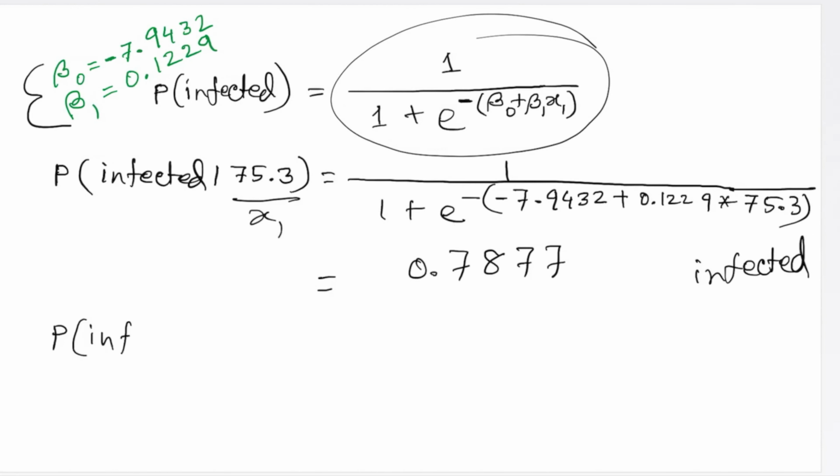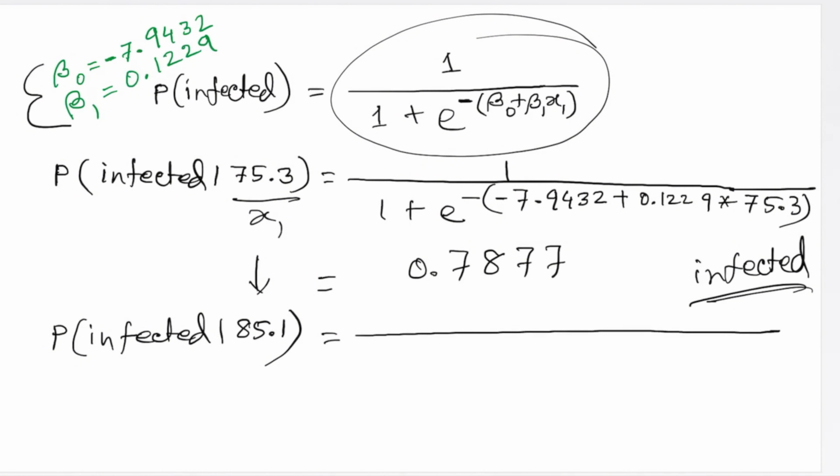For another value of 85.1, let's check if the person is infected. Obviously, the person will be infected because 85.1 is greater than 75.3, and with 75.3, the patient was infected. Therefore, with 85.1, the likelihood that the patient would be infected is high because our logistic regression function monotonically increases with higher value of independent variables.